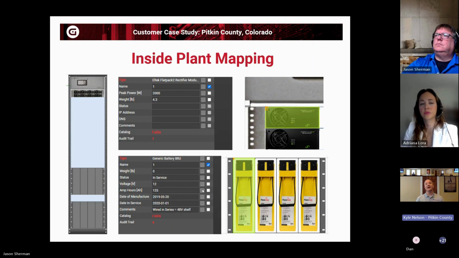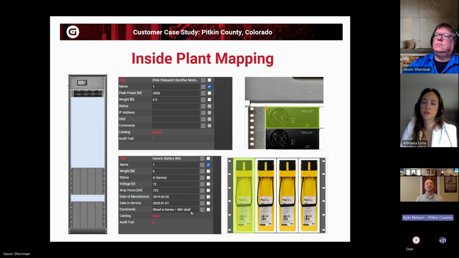And then at the bottom, we have some battery racks. Within each of those, I can drag and drop different size batteries based on the identified capacity. For battery replacement, one of the things we want to know is not just the manufacturer, but when it got put into service, and what its capacity is. In that custom comments field, you'll see it says wired in series on a 48 volt shelf.